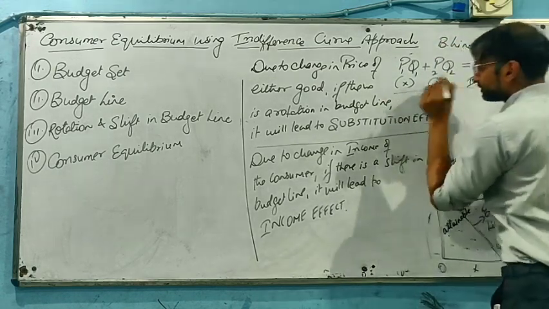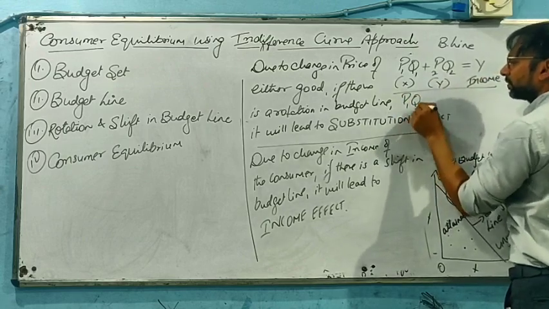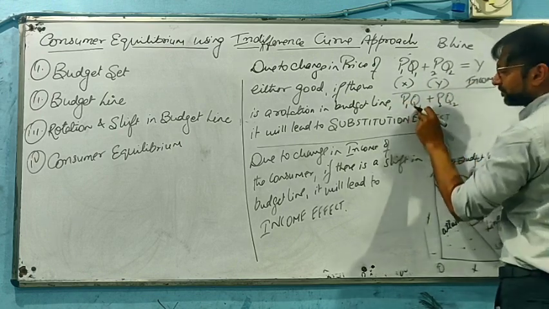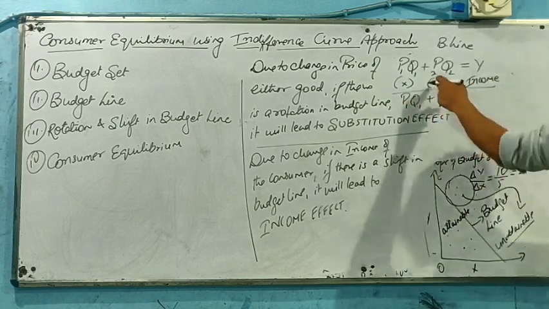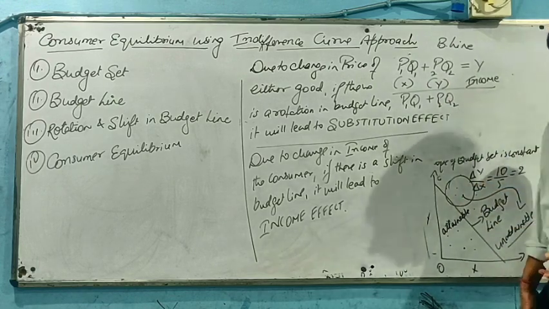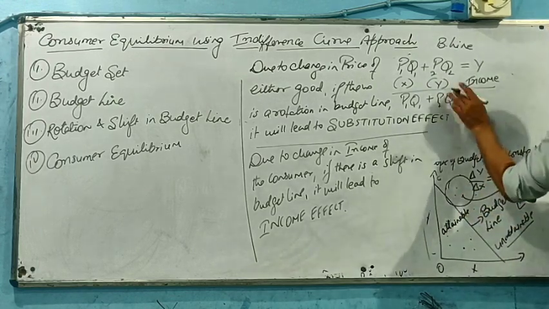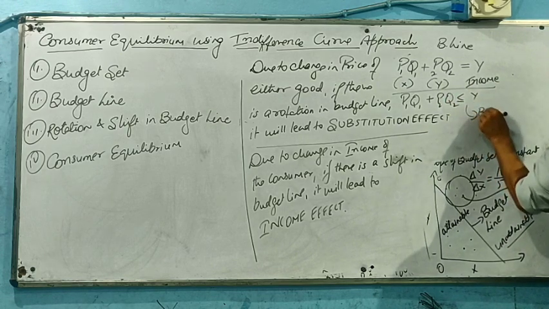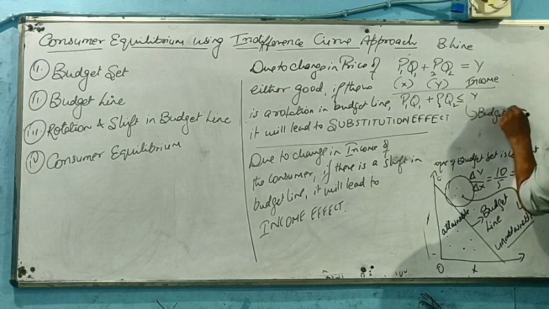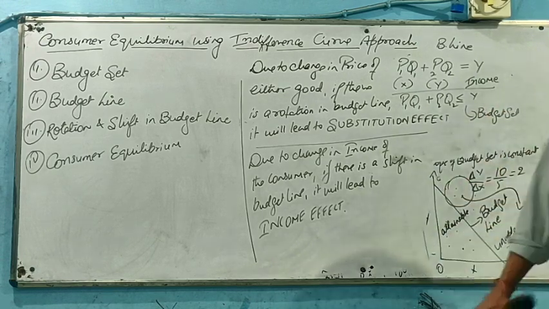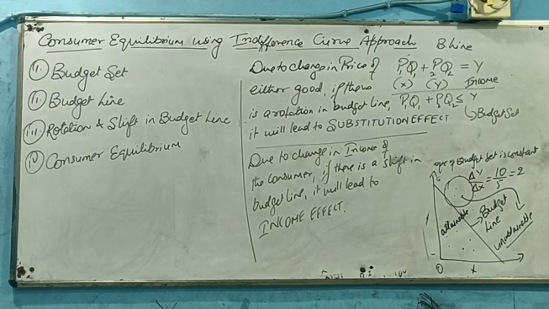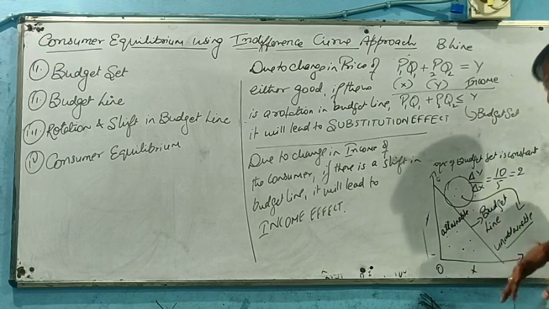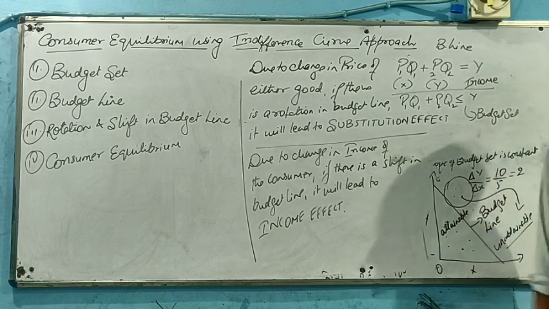Fine. And if we say P1 Q1 of x plus P2 Q2 of y, where P1 is the price of x, Q1 is the quantity, P2 is the price of y, and Q2 is the quantity of y that can be purchased, it will be less than or equal to income in case of the budget set, because the budget set indicates that there might be a possibility that a consumer can purchase units worth less than the level of income.